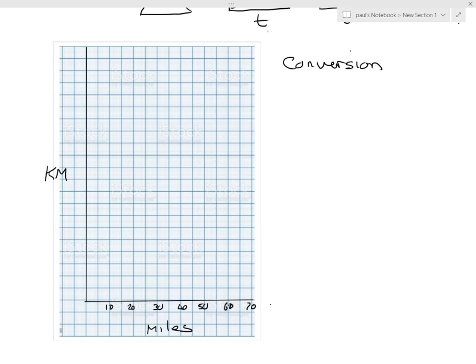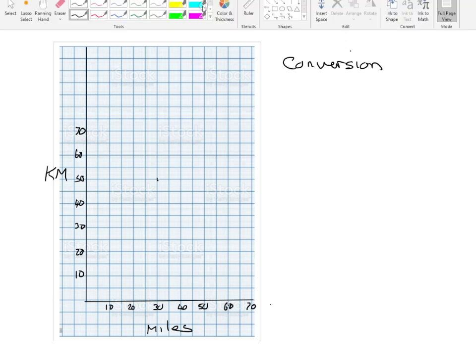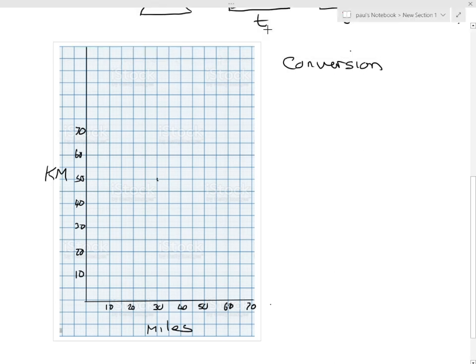And for kilometers, we'll do exactly the same up here: 10, 20, 30, 40, 50, 60 and 70. Now this will be drawn for you, and they will also draw the line that does the conversions. I know this, so I'm going to make a little note there and draw the line that goes through there.